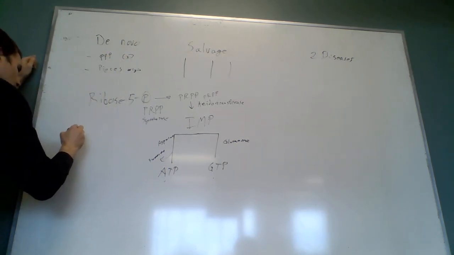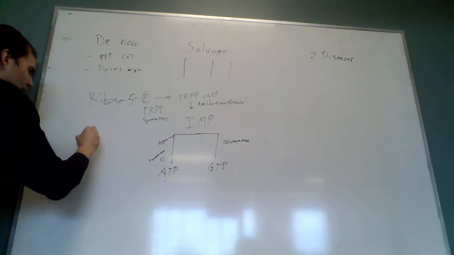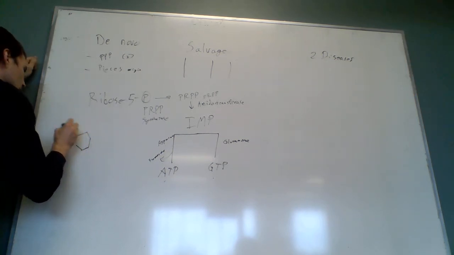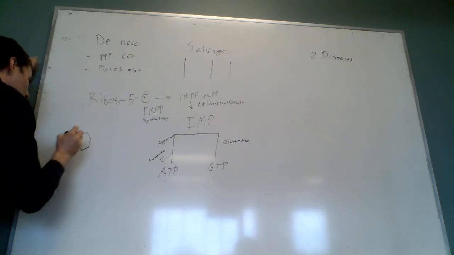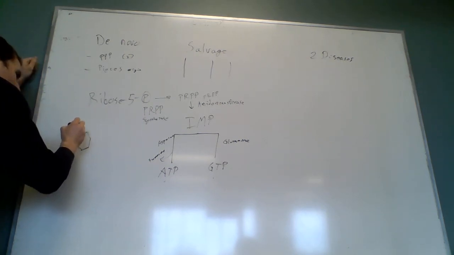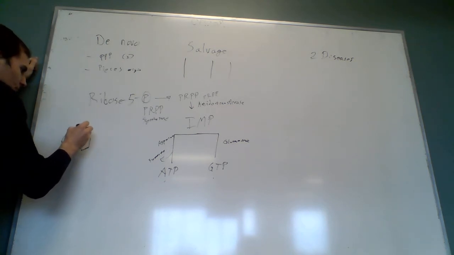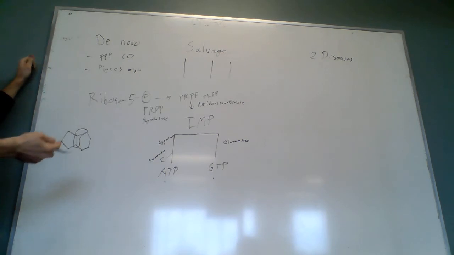All right, so purines have 2 rings, and I'm not even going to promise to have the right number of sides to these rings. So chemists out there, go ahead and ignore anything that's wrong in exactly how many. But I do know that the backbone of the ring, so these 3 carbons, are coming from glycine.